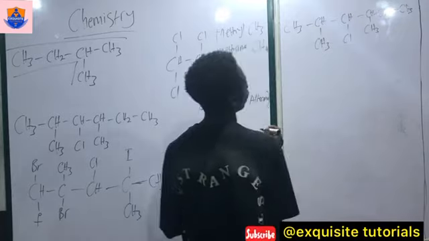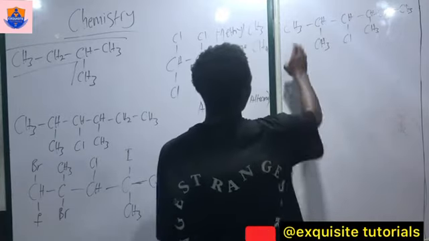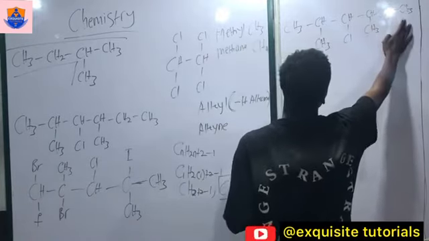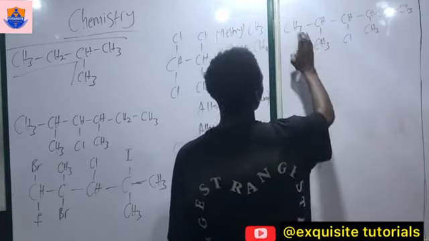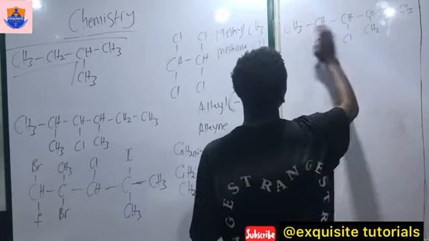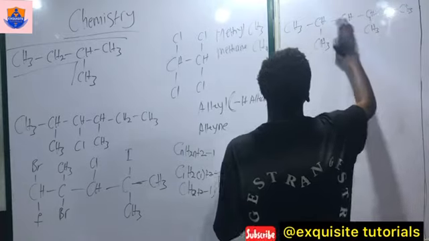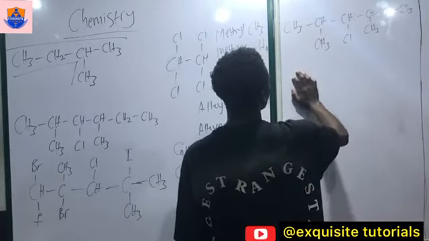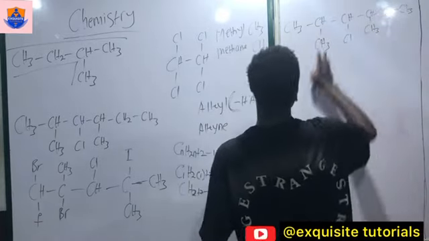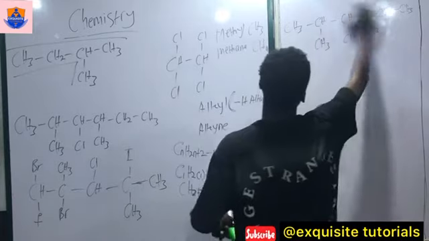First of all, let's count the longest carbon chain. We have 1, 2, 3, 4, 5, 6. Naming it 1, 2, 3, 4, 5, 6 like this or like this is the same thing. So let's use this straight chain.